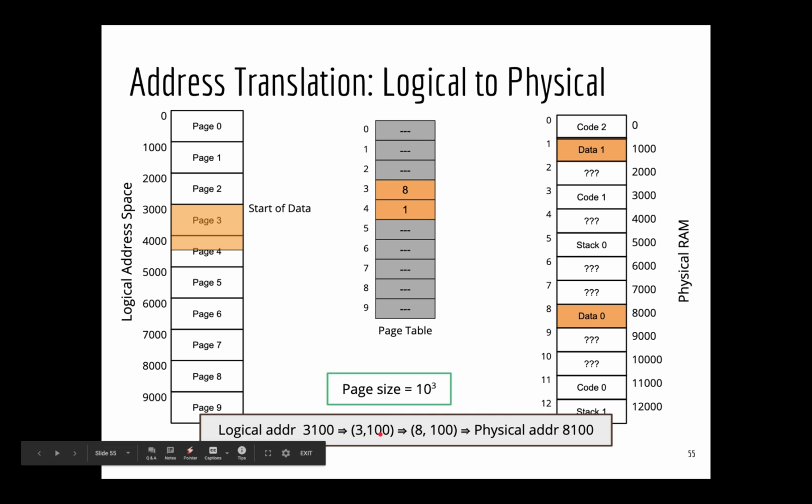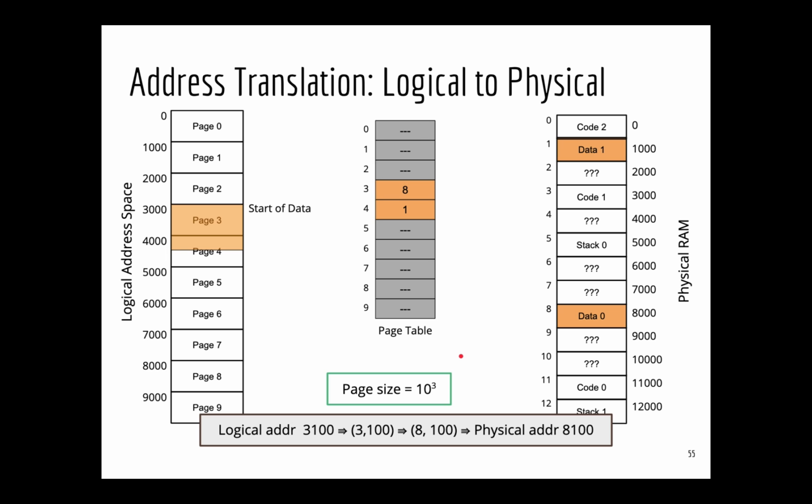That's why when the address is translated from logical to physical, the offset 100 will be reused, but the page number 3 will be replaced with frame number 8 based on the information we have in this table. So now this hardware is able to tell us that logical address 3100 corresponds to the physical address 8100.